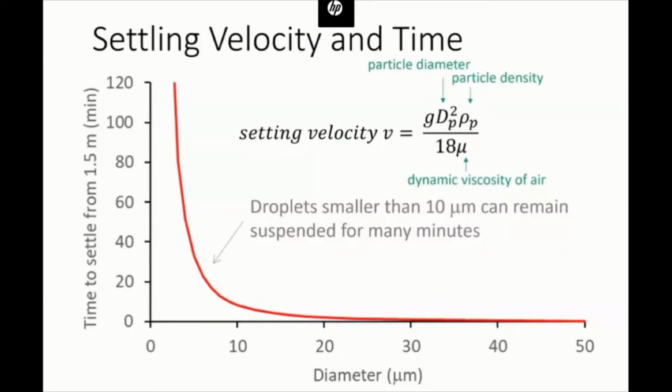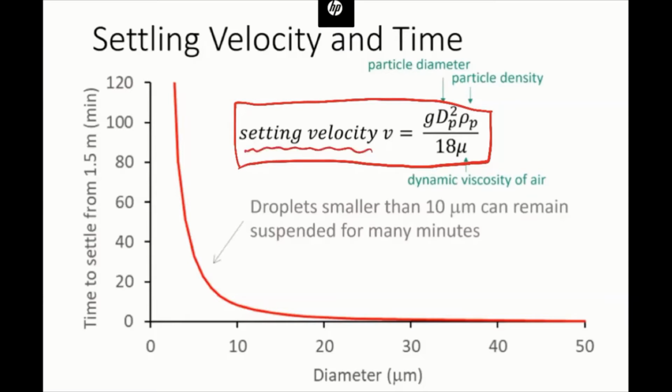If you still have the impression, this is the settling velocity. So if we want to understand how long these respiratory droplets, these saliva or cough droplets, suspend in the air, we have to consider the free settling velocity of these particles.